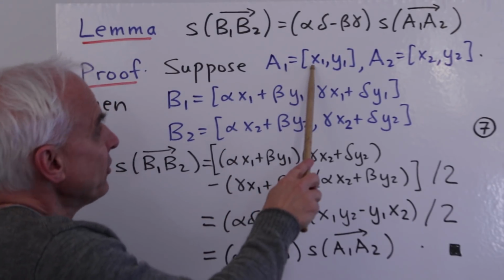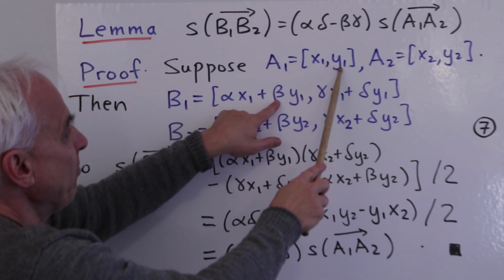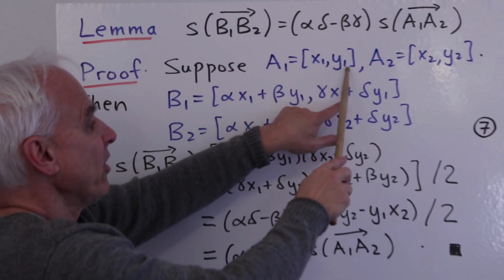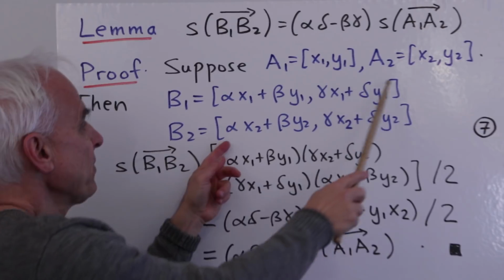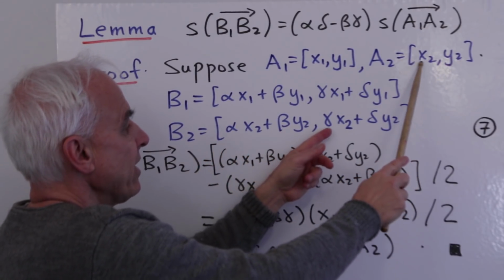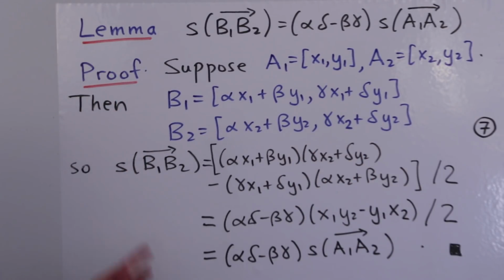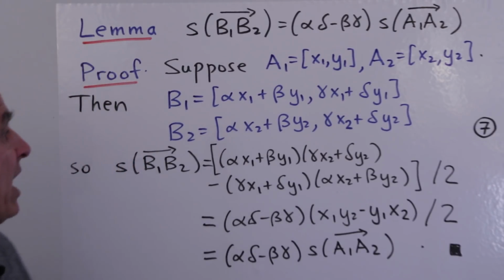We apply the transformation to A1. We get (alpha x1 plus beta y1, gamma x1 plus delta y1). And similarly, B2 is (alpha x2 plus beta y2, gamma x2 plus delta y2). So now to get the signed area of B1, B2, what do we have to do? We have to take some cross products here.